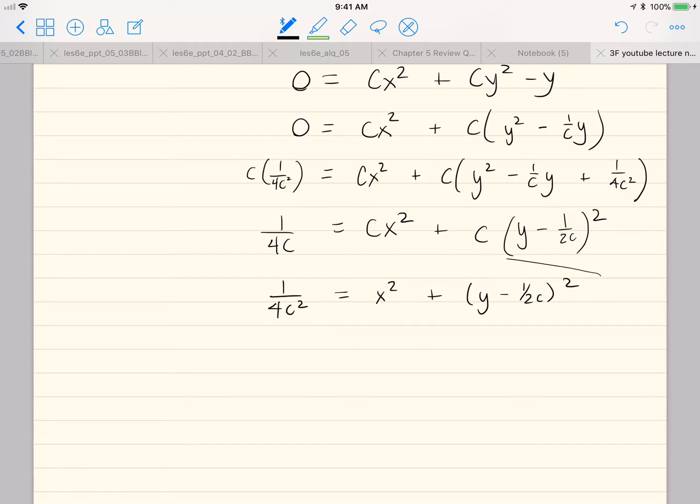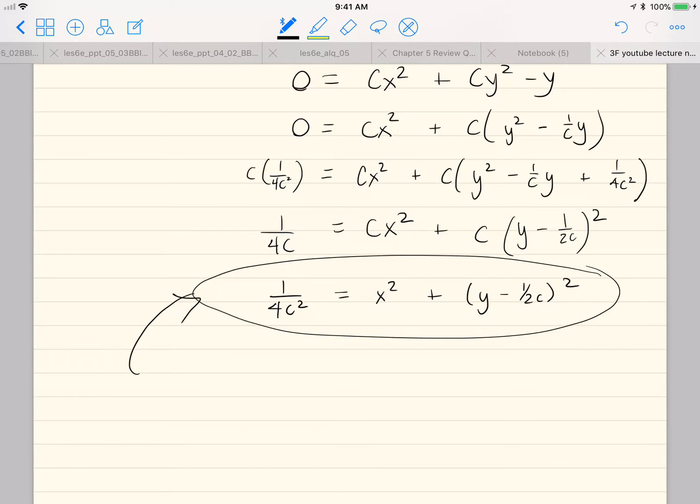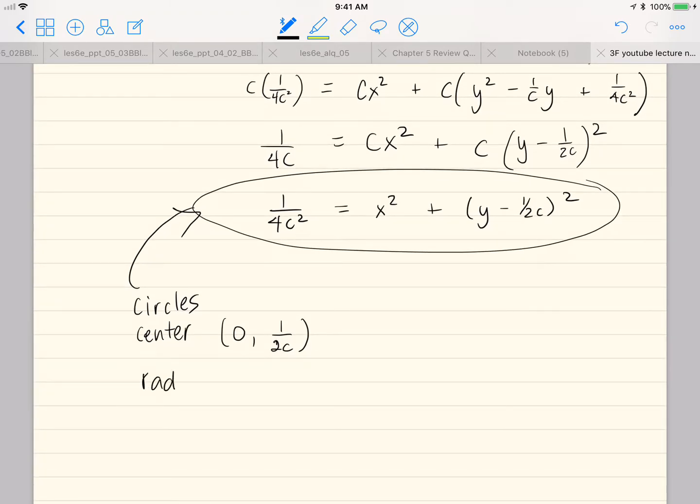So these are circles with a center of 0, comma 1 over 2c and a radius of 1 over 2c.